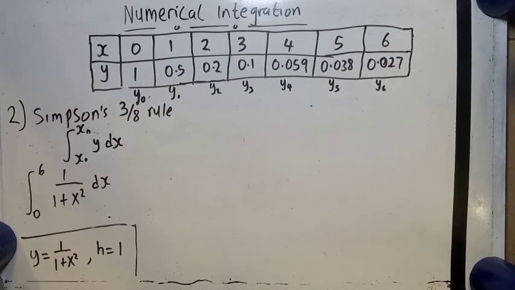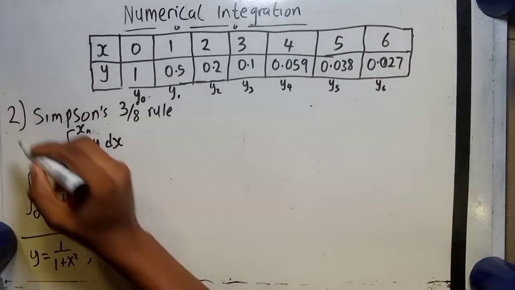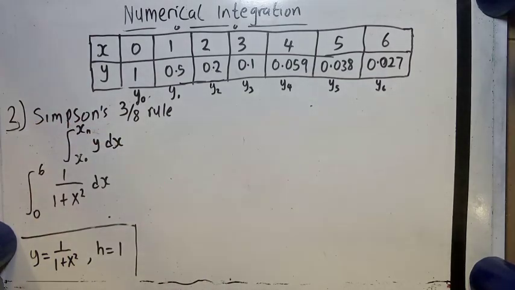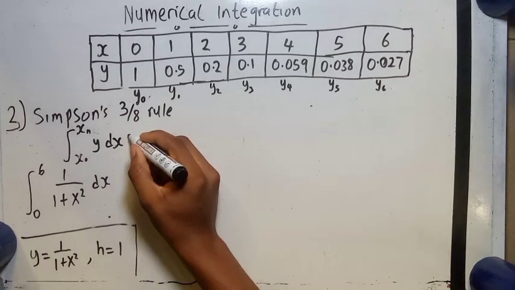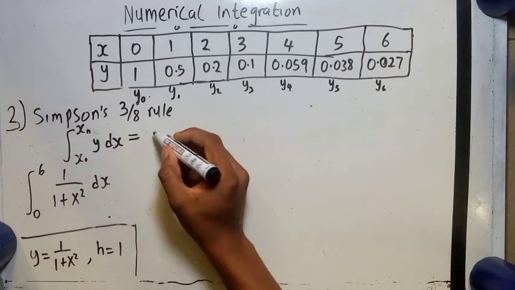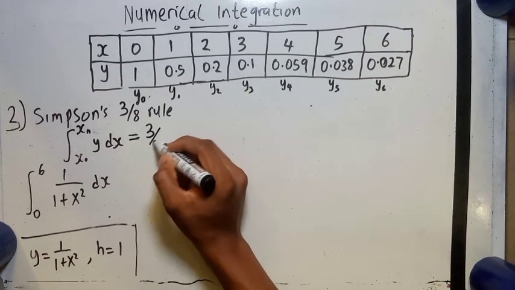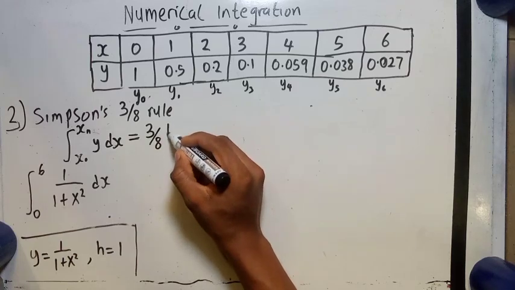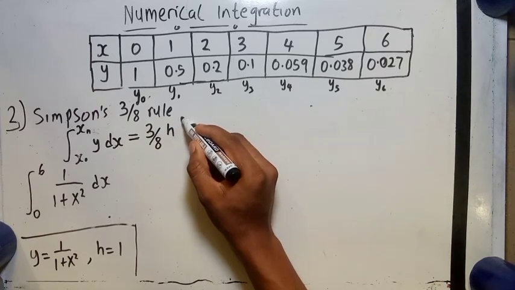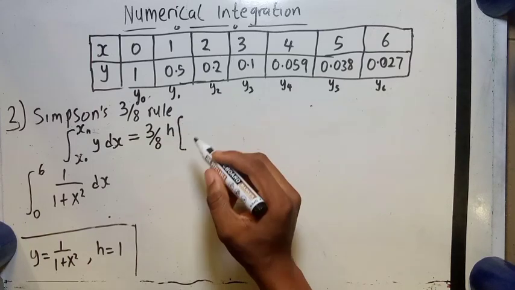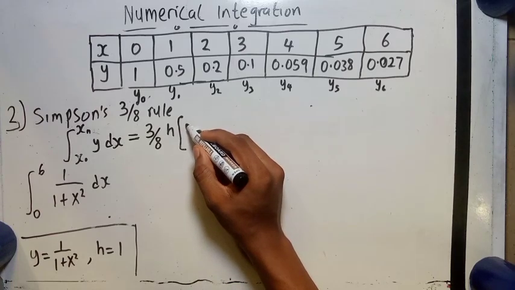Now for the third one, which is our Simpson's 3/8 rule, this is the formula. You bring 3/8 multiplied by your h. The first and the last one we're adding.